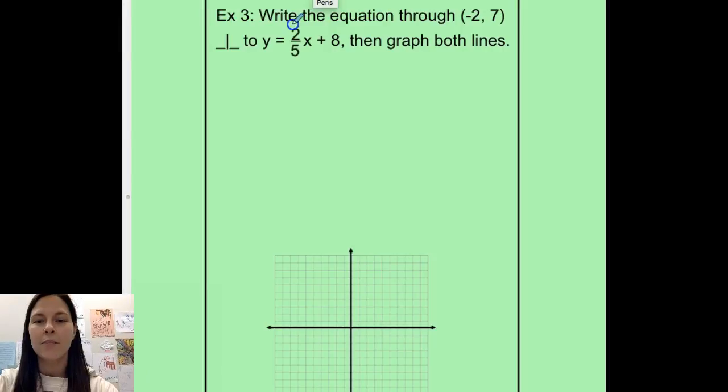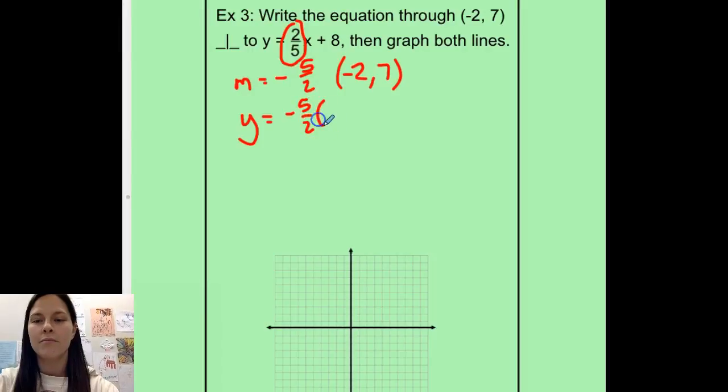Our next example, the slope of the given line is +2/5. So the slope of our line is opposite, becomes negative. Flip that around to 5/2. The ordered pair we were given is (-2, 7). Putting that information into the point-slope equation, y equals m, (x, that -2 goes into the parentheses, becomes opposite).